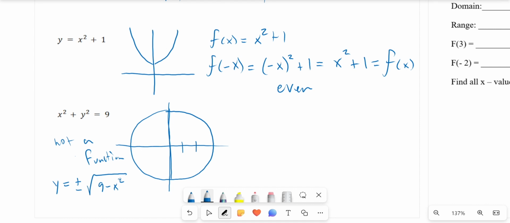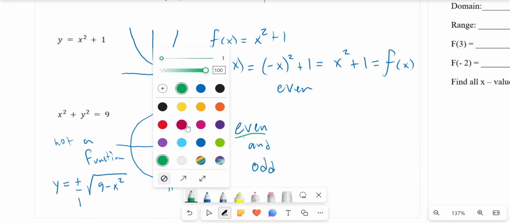And also notice what happens if I plug in negative x. I get reflective symmetry. This is both even and odd. It has reflective symmetry, so it's even. And because I also get the negative value when I plug this in, we also wind up with odd symmetry.